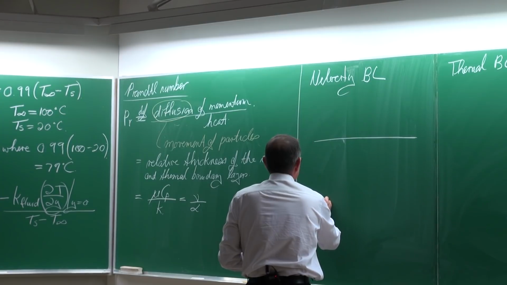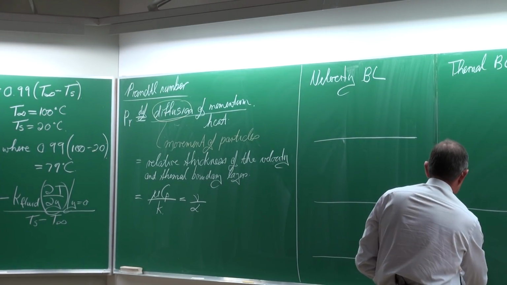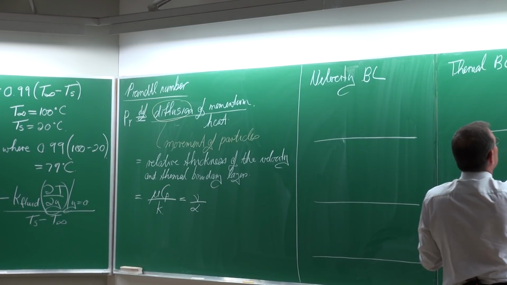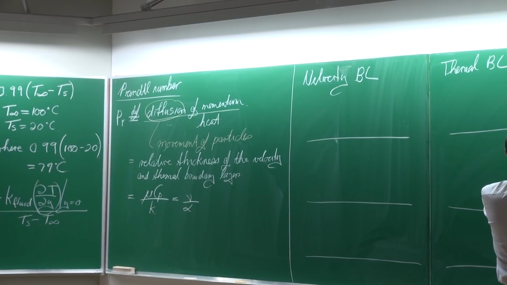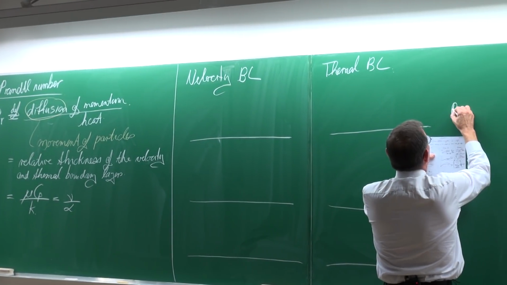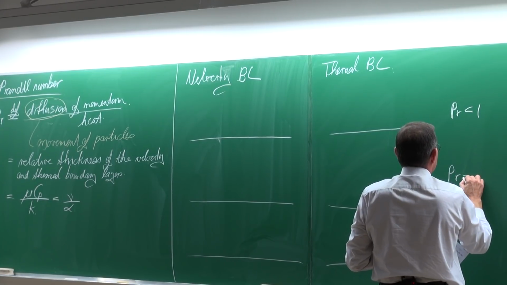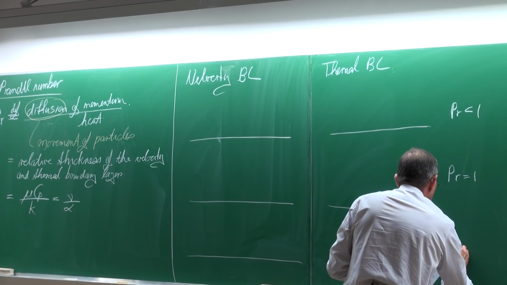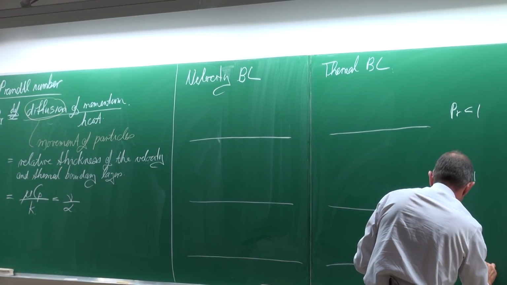On a flat plate, and we are going to consider three cases. The first case where the Prandtl number is smaller than 1. The second case where the Prandtl number is approximately 1. And the third case when the Prandtl number is larger than 1.